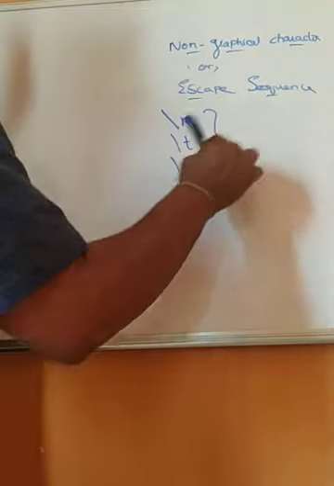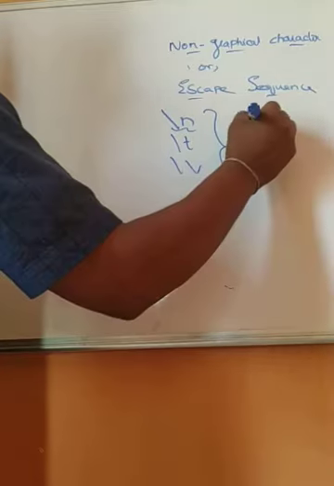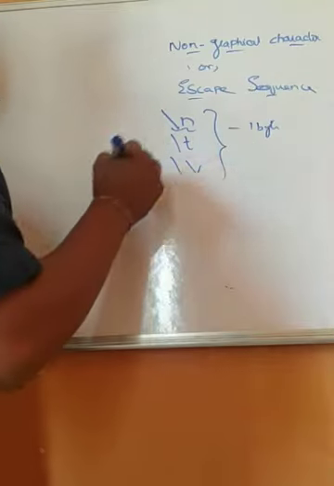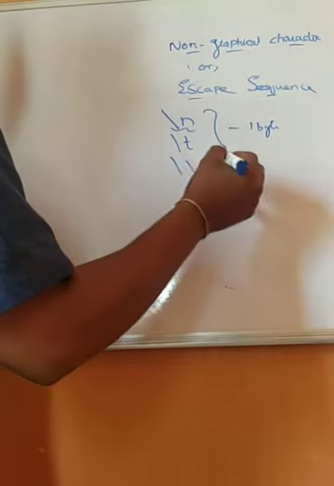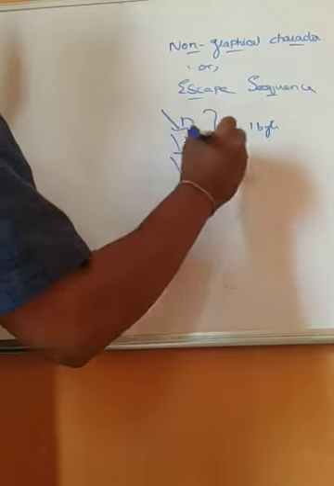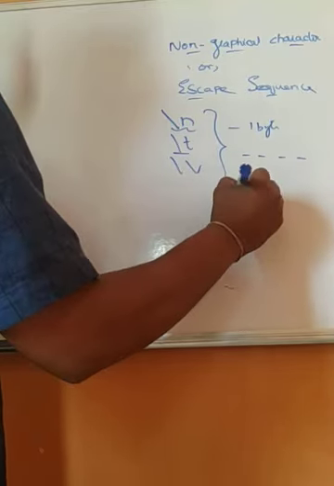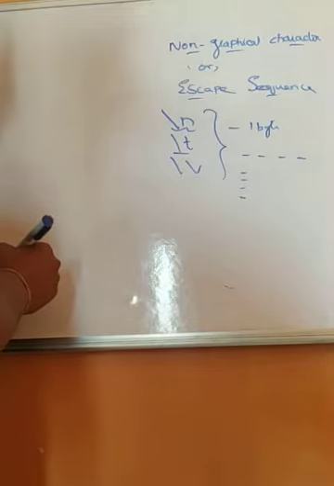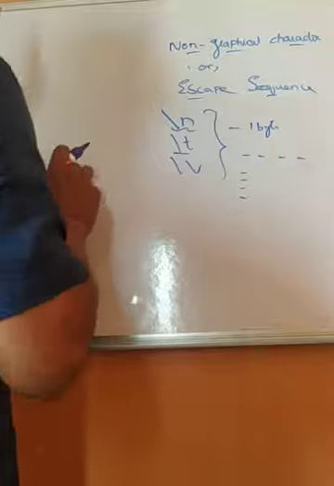These are some inbuilt functions. Total size is 1 byte. I will be using them in the program by giving them in double quotes or single quotes. \n is new line, which will move to the new line, \t is horizontal tab, which will leave 4 spaces, and \v is vertical tab, which will leave 4 spaces like this. So these are some examples of non-graphical characters, right?